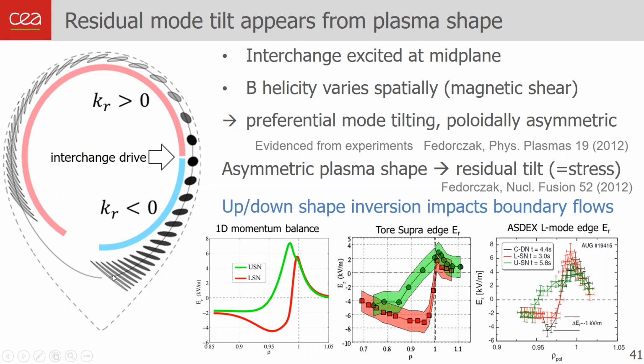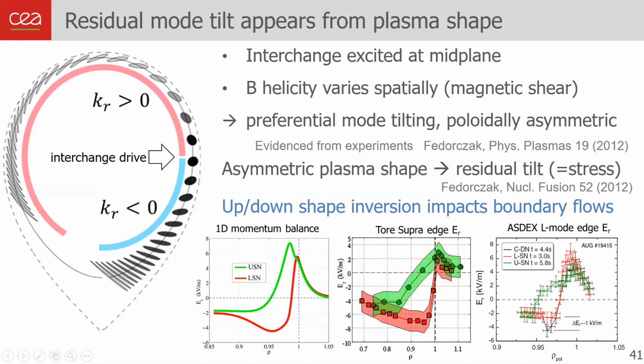If you want, for instance, to construct a poloidally averaged model, which is what you need at least for a global picture of flows or fluxes, you find that if you have an asymmetric plasma shape, you may break the symmetry of this tilt, and you have a residual tilt appearing over a poloidal average. And this residual tilt of a blob is equivalent to a Reynolds stress. So this would be a residual stress for driving flows at the edge.